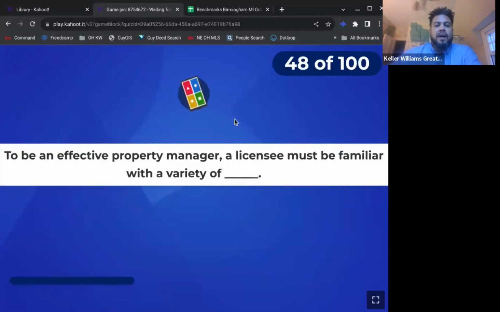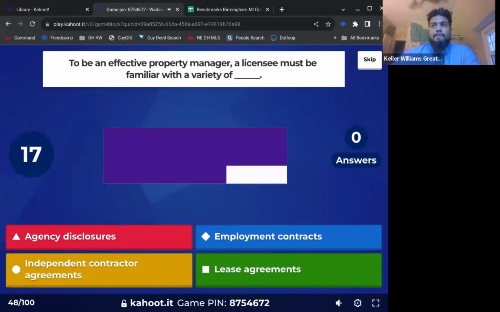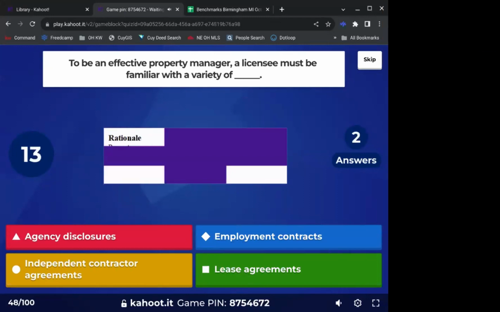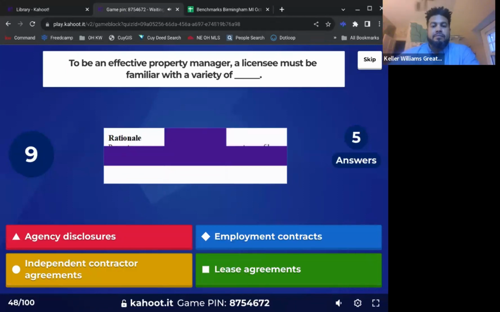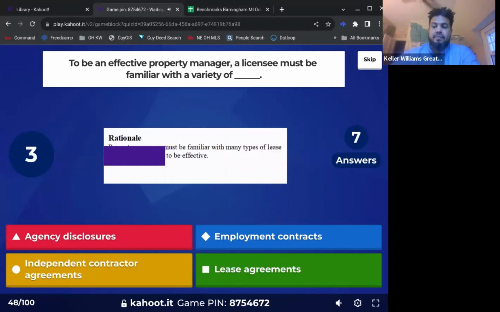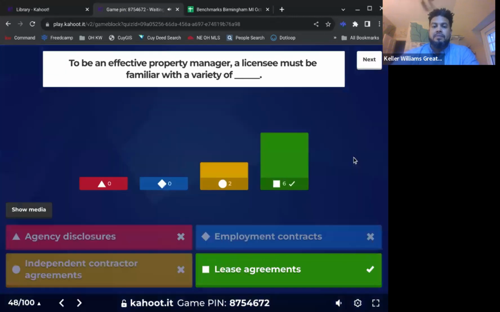To be an effective property manager, a licensee must be familiar with a variety of lease agreements. Good job, lease agreements.